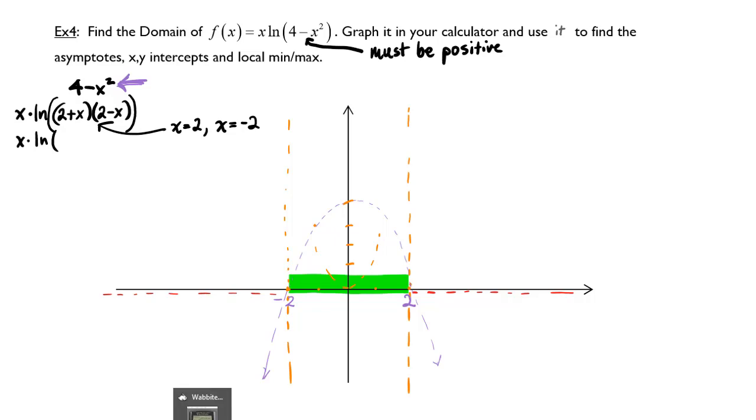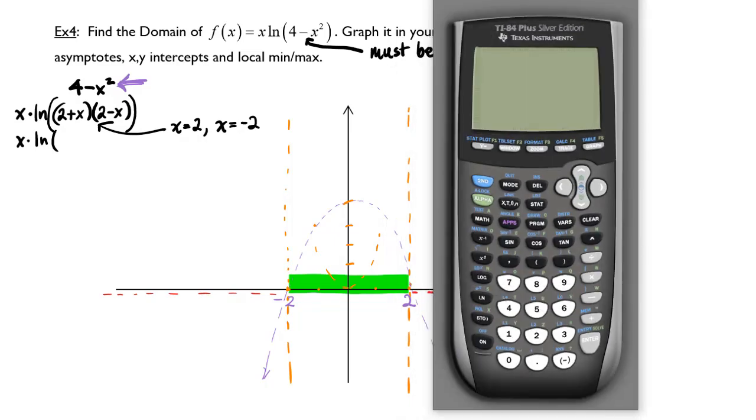So now that I know where my restrictions on the domain exist, I'm going to go ahead and graph this function. I'll go to y equals, I'll enter x times the natural log of 4 minus x squared. And let's see what we get.